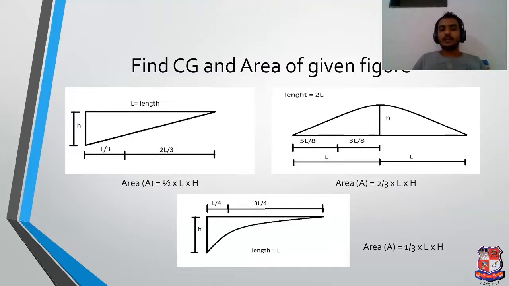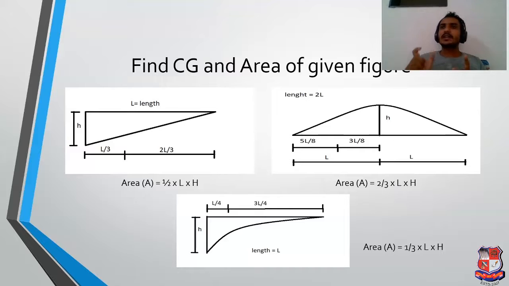So look at the figure. Below the figure you can see 1/2 L into H, which is the area of the triangle. Then second, you have to find the displacement. Net displacement means we want the moment of the M upon EI diagram. Now how can you find a moment? Moment means simply the net area of the M upon EI diagram multiplied by distance.